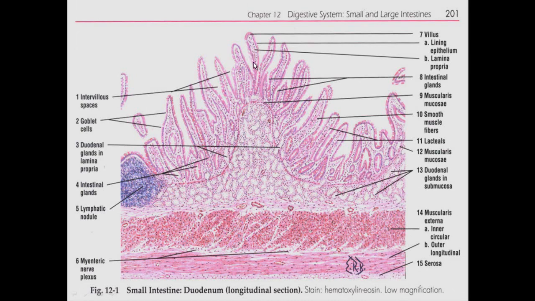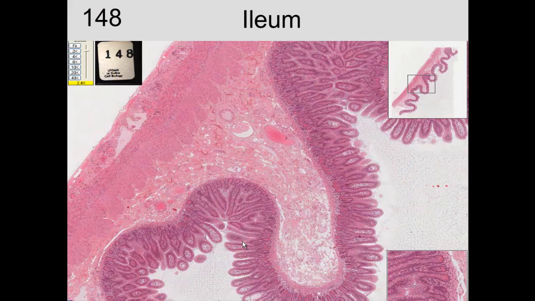So we have cells that line the lumen up through here, the intestinal absorptive cells. There's also connective tissue cells in through here, smooth muscle cells in through there, which is responsible for peristalsis to occur.